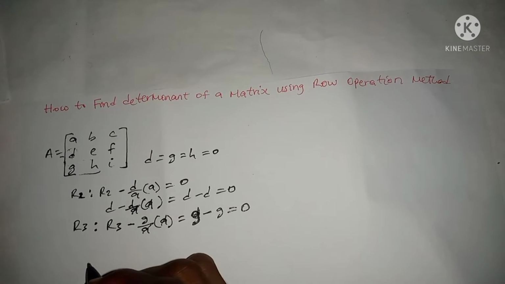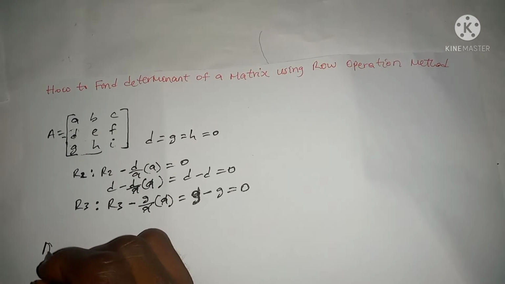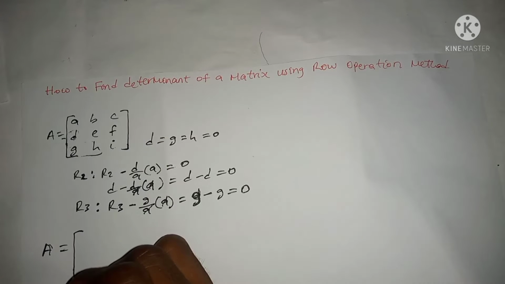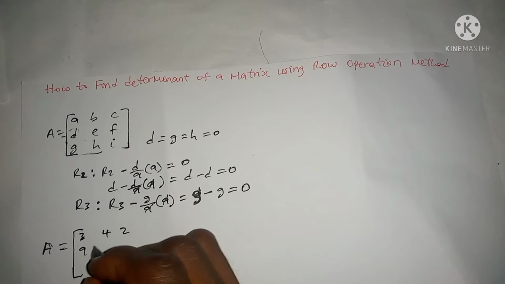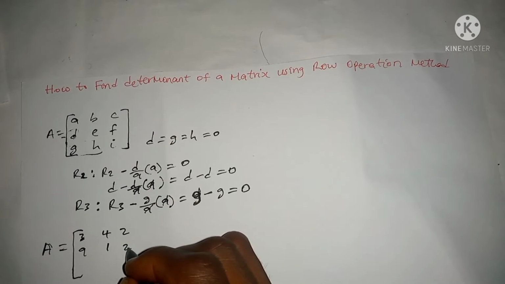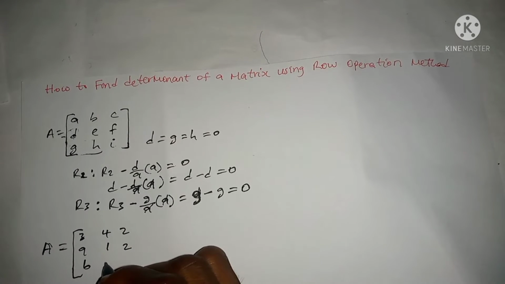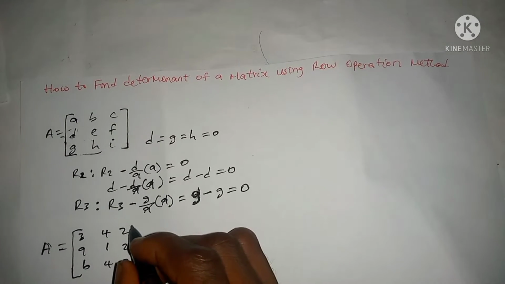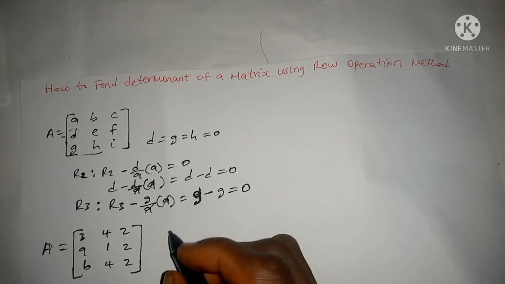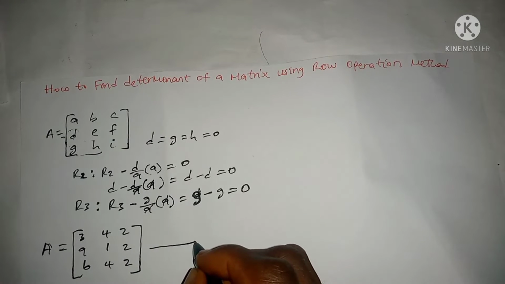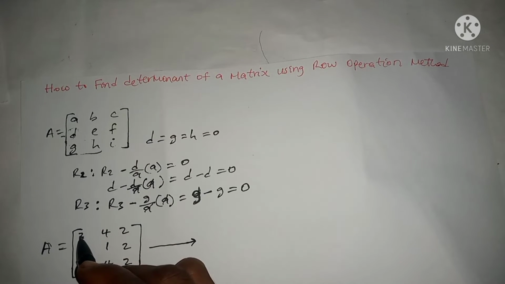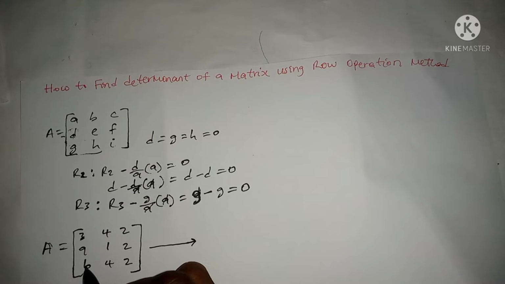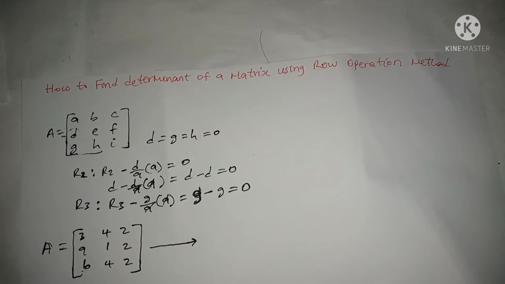So let's say we have this matrix A equal to 3, 4, 2, 9, 1, 2, and 6, 4, 2. So what is that number that when we multiply it with 3 and then subtract it from 6, we are going to make this 0?